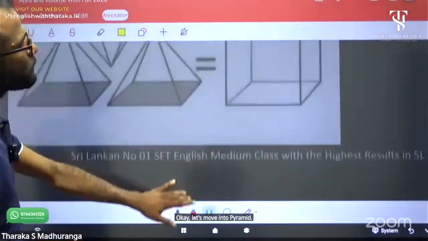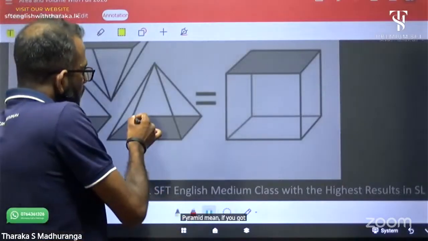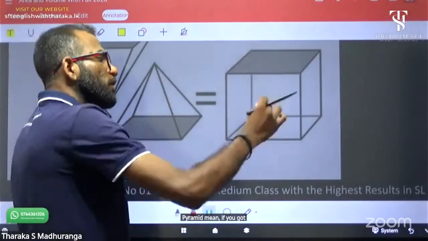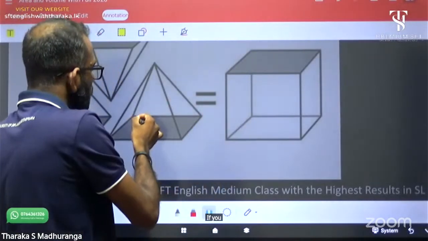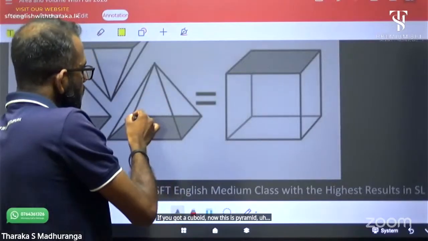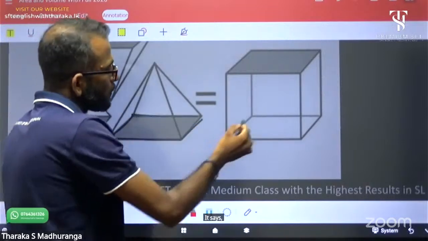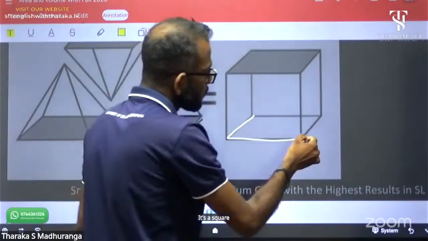A pyramid is also the same. If you have a cuboid with a square base, now this is a pyramid. Think A by A is the square base.